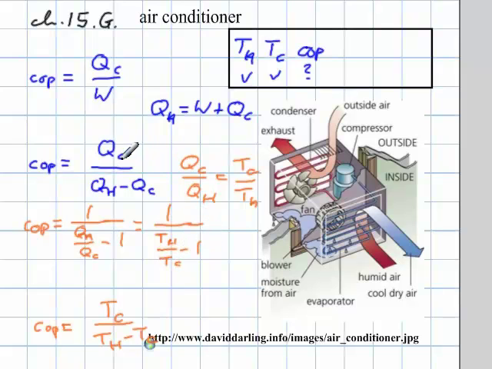Going from here to here, I divided everything by QC. That gives me a 1 here and a 1 there, and then the fraction QH over QC. Here I plugged in the temperatures, and when I multiply everything again by TC, I come up with this expression that I kind of pulled out of thin air a moment ago, but it is correct because I just showed you the algebra.